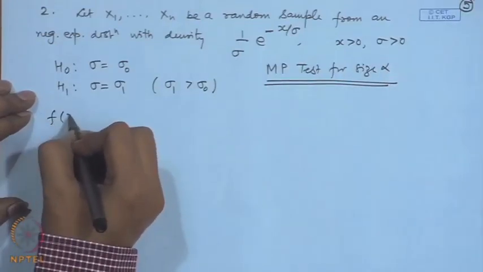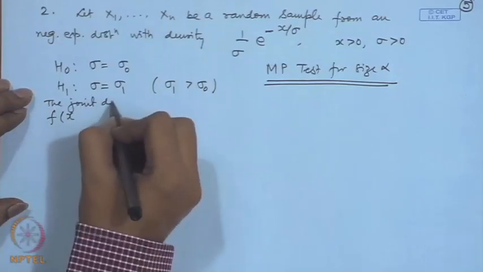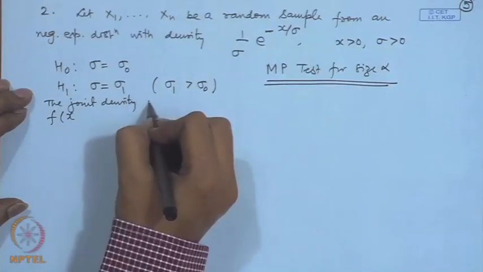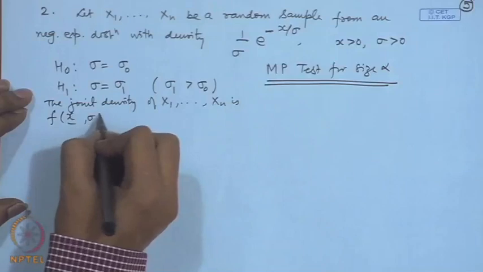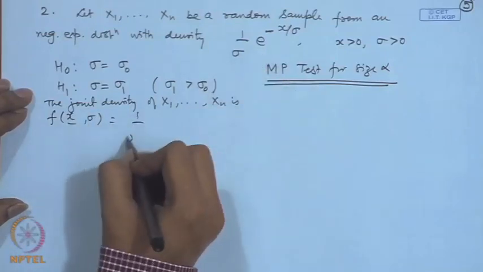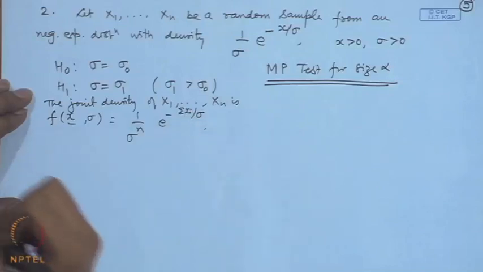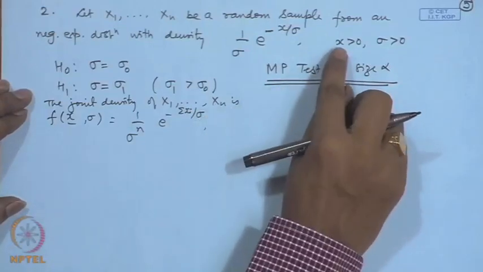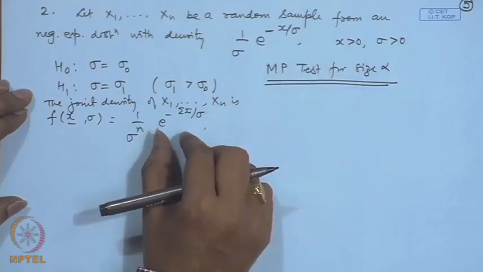So, let us consider the form of the joint distribution of x 1, x 2, ..., x n. Joint density of x 1, x 2, ..., x n is given by f x sigma, so, 1 by sigma to the power n e to the power minus sigma x i by sigma. Note here that for all x i positive, this density is positive.